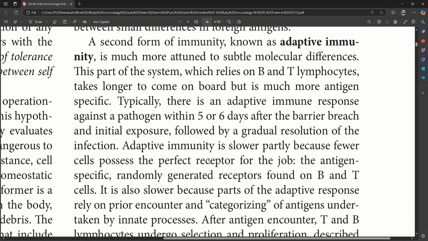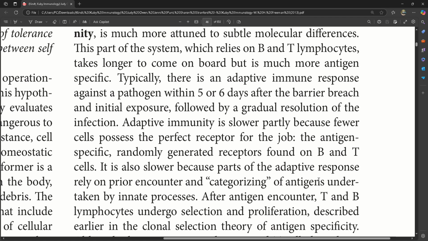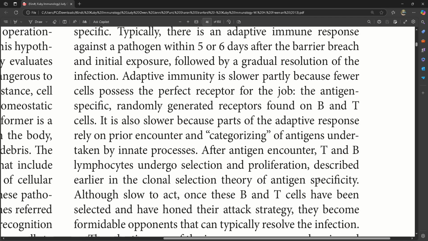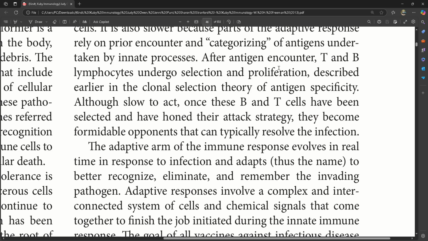Adaptive immunity is slower, partially because fewer cells possess the perfect receptor for a job, the antigen-specific randomly generated receptors found on B and T cells. It is also slower because part of the adaptive response relies on prior encounter and categorizing of antigens undertaken by innate processes. So after antigen encounter, the T and B lymphocytes undergo selection and proliferation.